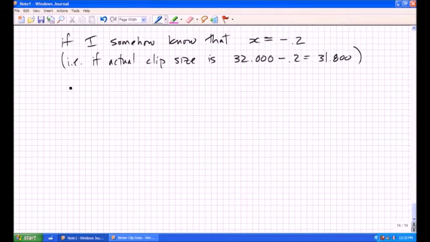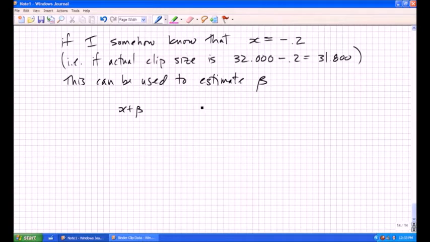So if I know this, this can be used to estimate beta. Why is that? Well, I'm claiming that x plus beta has limits of minus 0.051 plus or minus 0.0032.